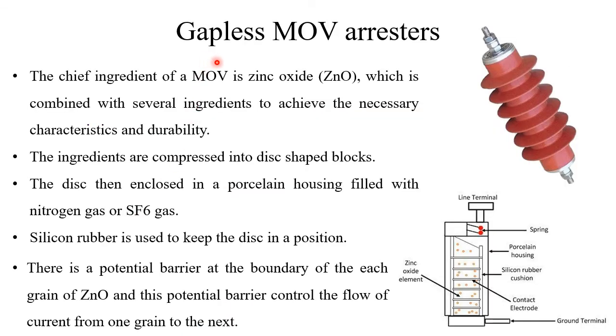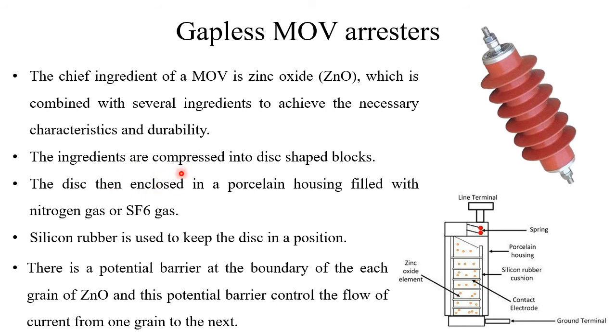Gapless metal oxide varistor arresters. The main component of the metal oxide varistor arrester is zinc oxide, that is ZnO, which is combined with several ingredients to achieve the necessary characteristics and durability of the arrester.